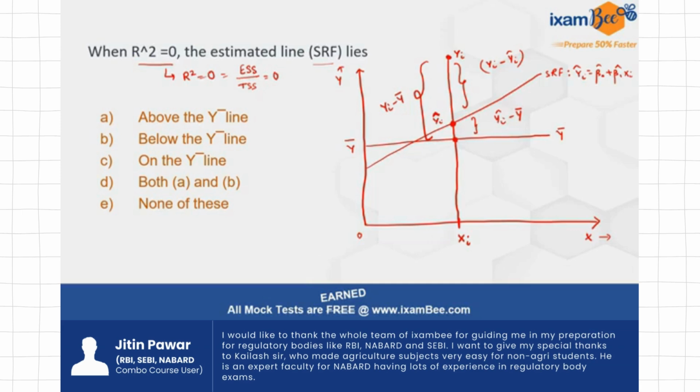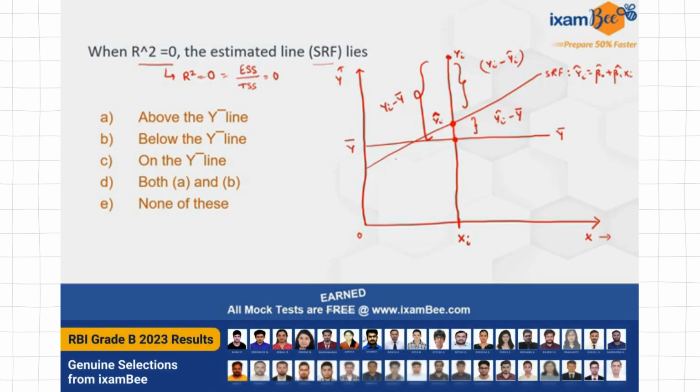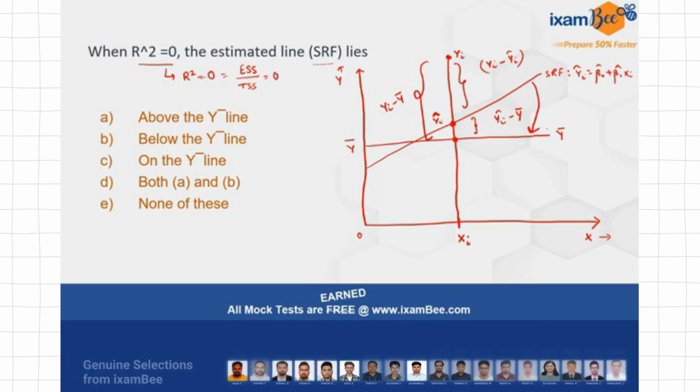They are not able to explain the variations in yi. So if they do not have any explanatory power, this would mean that the sample regression function line converges to the y-bar line.